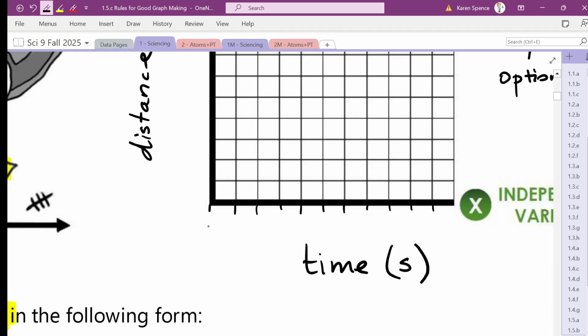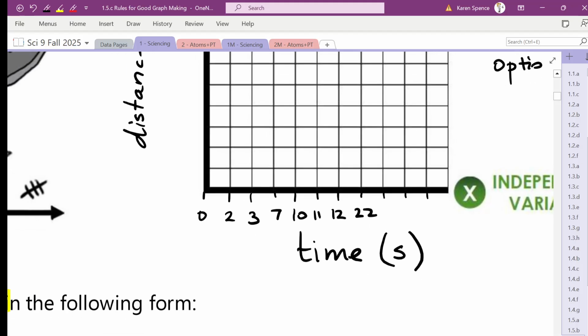Let's say I started at 0 and I went 2, 3, 7, 10, 11, 12, 22. Are we liking those numbers? No, you always have to go up by a consistent amount. You can't go up by 2 and then 3 and then 1 and then 7. It has to be consistent.